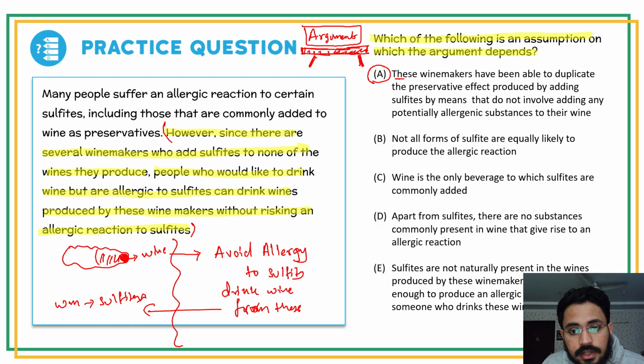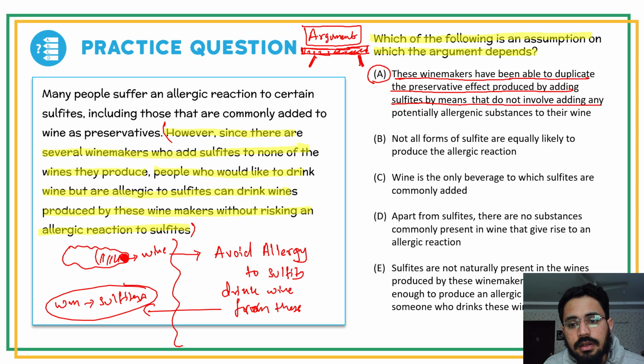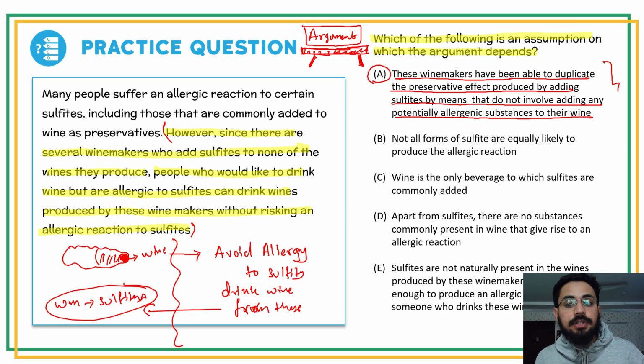All right, let's say that these winemakers have not been able to duplicate the preservative effect produced by adding sulfites by means that do not involve adding any potentially allergenic substances to their wine. Okay. Assuming the opposite of what option A is saying, let's say they are still adding substances which are allergenic.